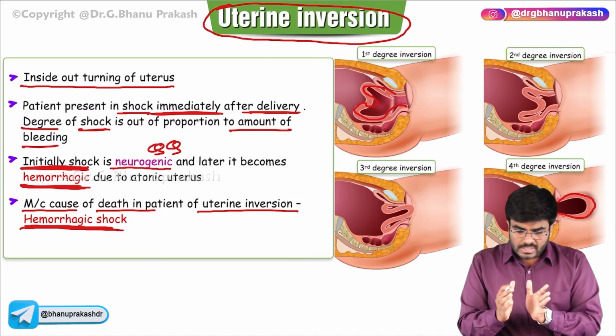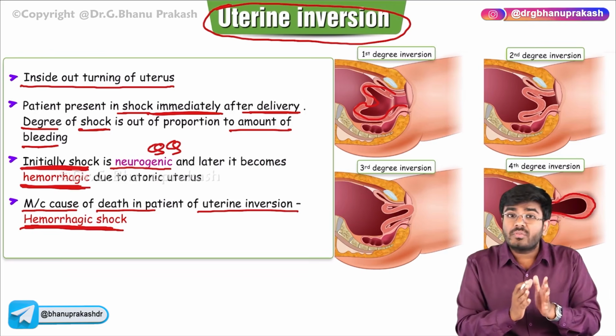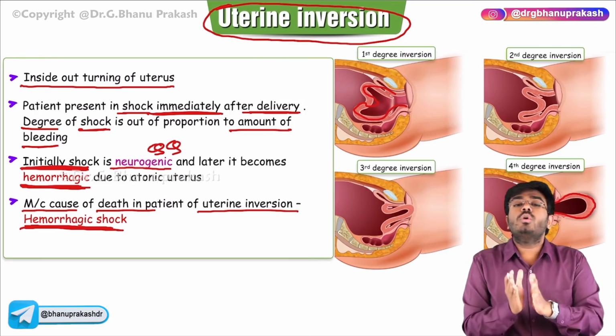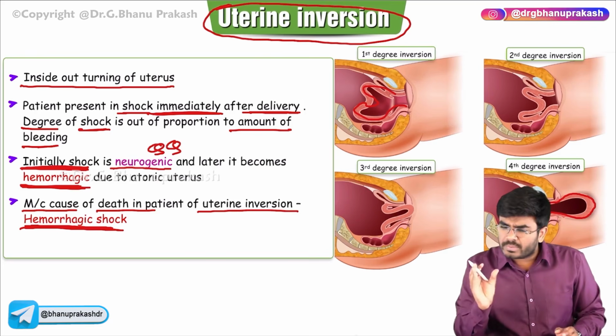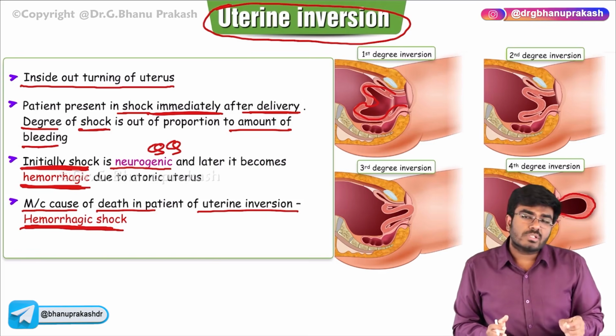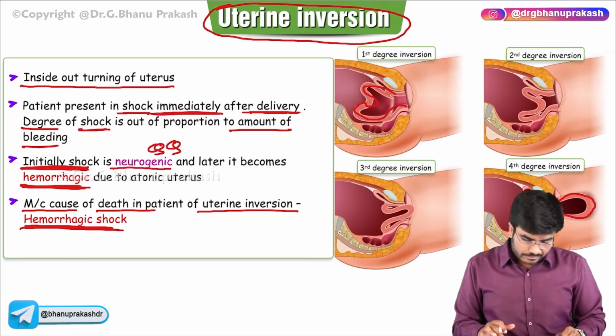There is less bleeding, but the degree of shock is more. Initially, the shock is neurogenic shock. Bleeding is less, but severe shock is there. This is because of a uterine inversion, which is usually seen after the delivery of the baby.